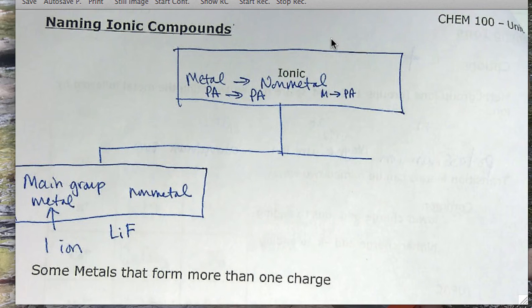So an example of this would be chromium 3 chloride or chromium 2 chloride. Chromium can either be +3 or +2. So this would be chromium 3 chloride. This will be chromium 2 chloride.